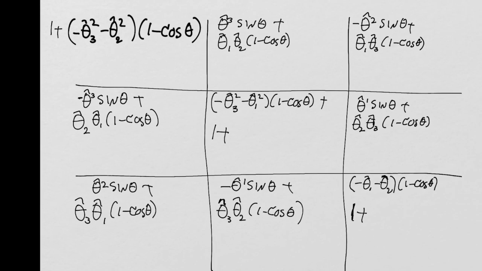Now, it's not exactly the answer that you see in Gilmore, because what he notes is that 1 minus theta 3 hat squared minus theta 2 hat squared equals theta 1 hat squared, right? That's the definition of the way these things are normalized.